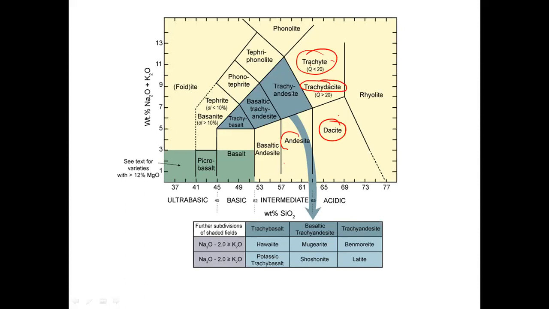In the same way, trachyte and andesite create trachyandesite, trachyte and basaltic andesite create basaltic trachyandesite, and trachyte and basalt create trachybasalt. So these are basically intermediate rocks, made with the help of trachyte and andesite, trachyte and basaltic andesite, and trachyte and basalt.